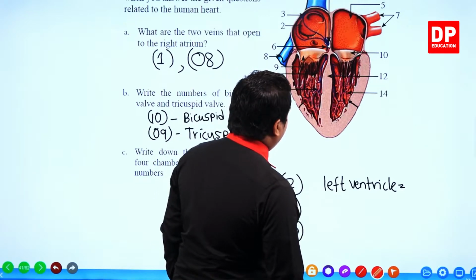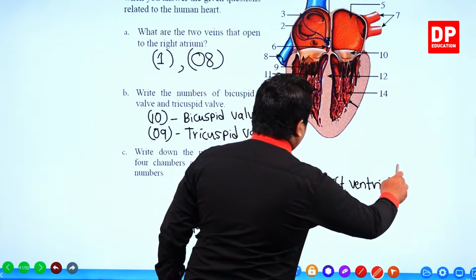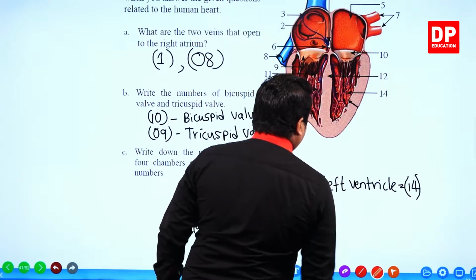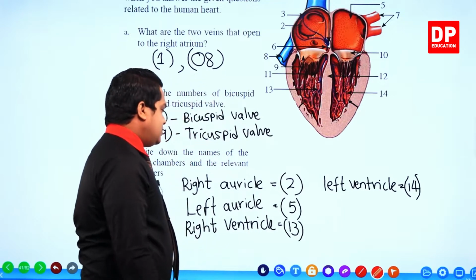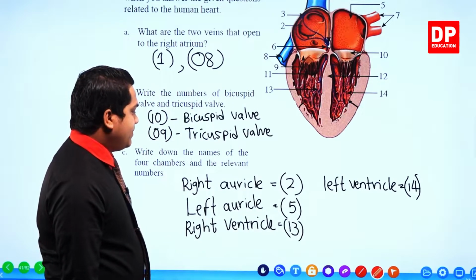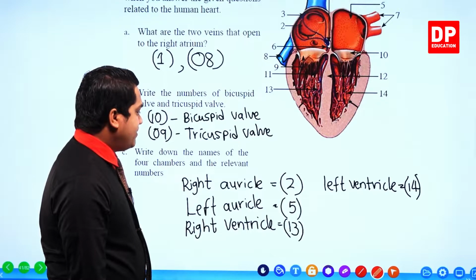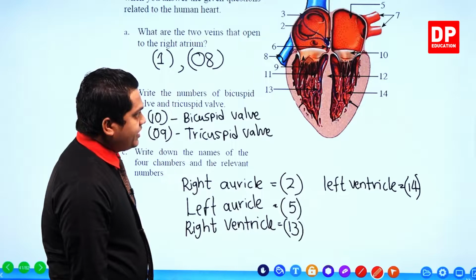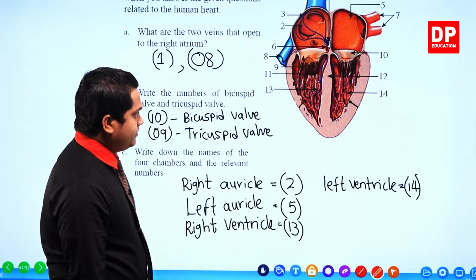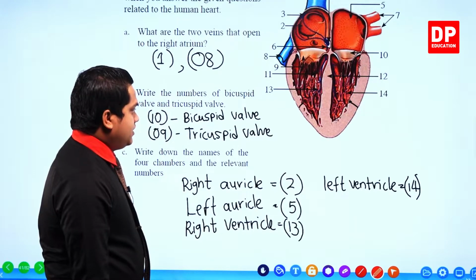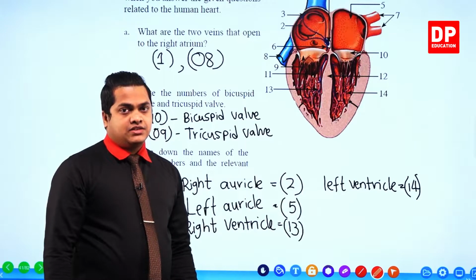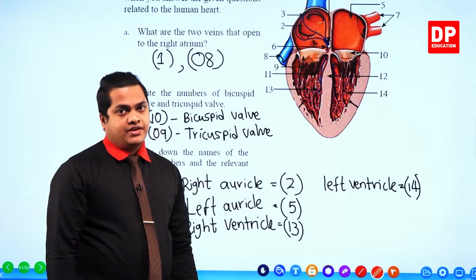So left ventricle is number 14. So right auricle number 2, left auricle number 5, right ventricle number 13, left ventricle number 14. So these are the answers for the second question, my dear children.